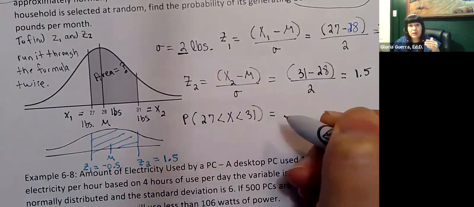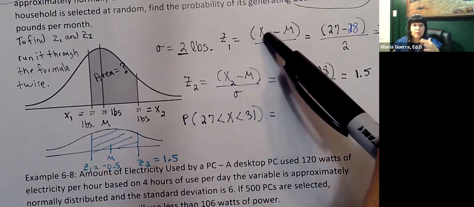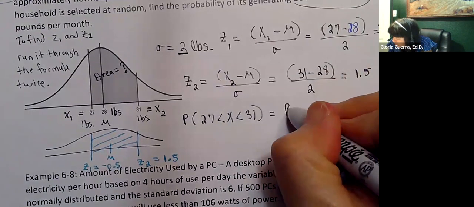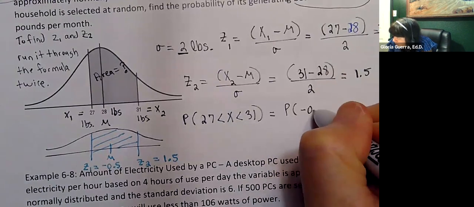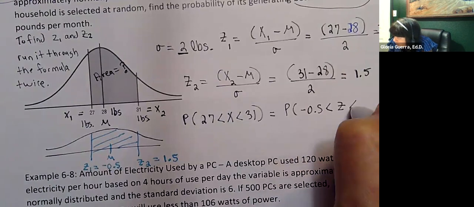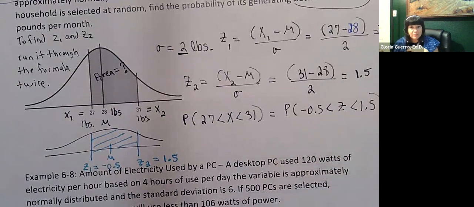And then we ran it through the formula to kick out the z's, and now the z's are between negative 0.5 and 1.5.